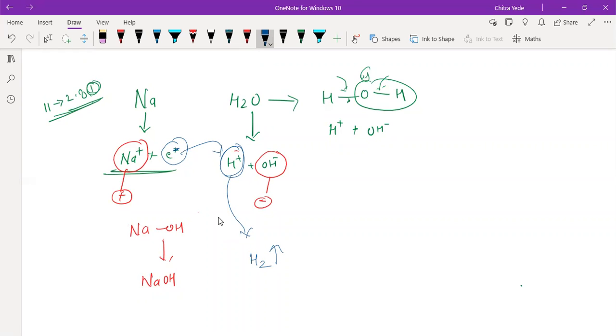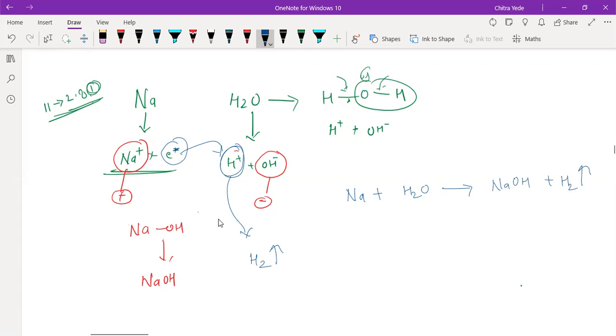Yes. So have you understood that part, beta? Sodium will react with water. Yes, sir. So the product, I'm going to write this in reaction form. Sodium, when it reacts with a water molecule, will form sodium hydroxide and hydrogen gas will be released.